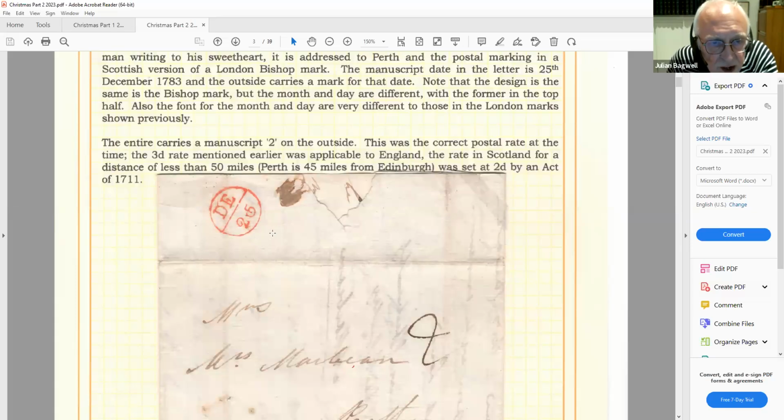The font is quite different, but this was sent from Perth to Edinburgh, and it's got a 2 on it, and that was the correct postal rate at the time for a distance of less than 50 miles in Scotland, and Perth, from where it was sent, is about 45 miles. So a rather nice and different postmark there.